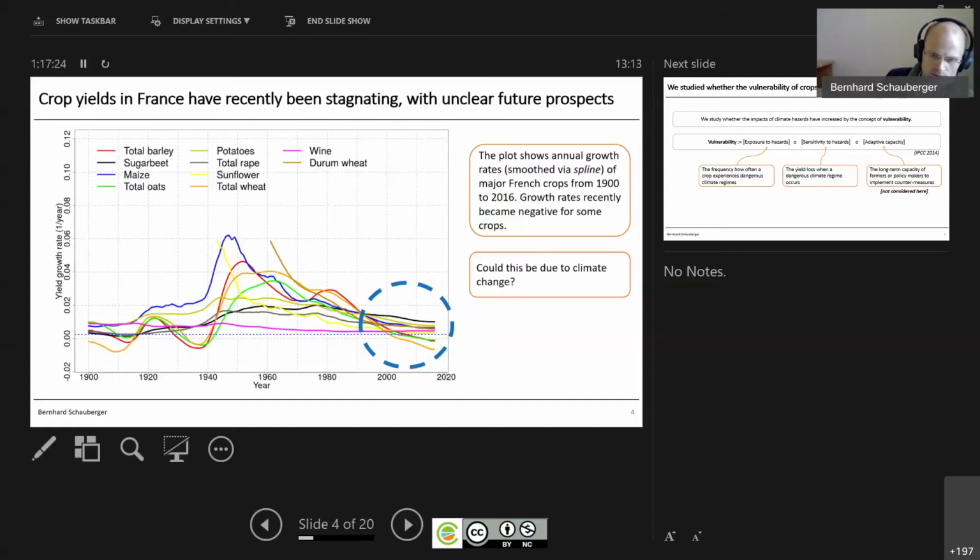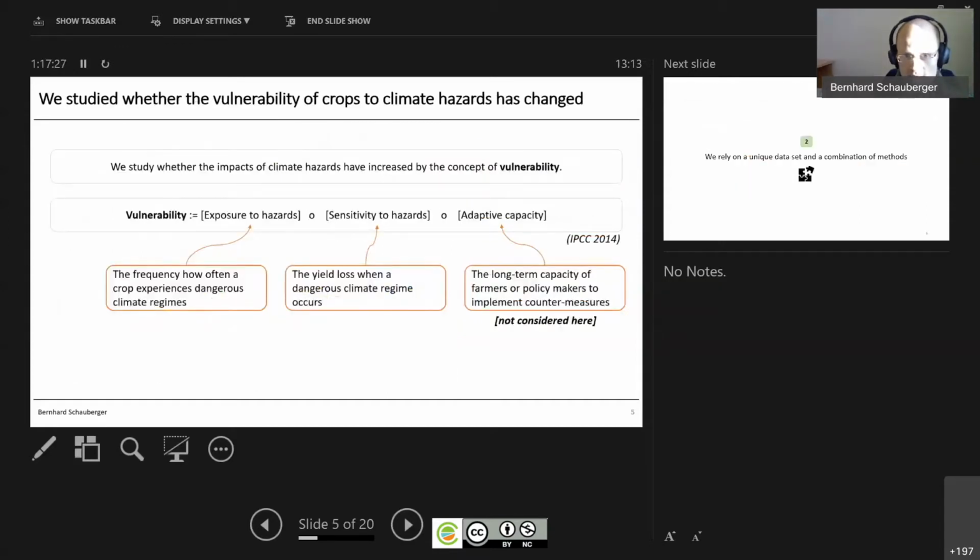And to answer this question, we used the concept of vulnerability, as it has been defined by the IPCC in the 5th assessment report. So it's a combination of exposure, sensitivity, and adaptive capacity. Exposure measures how often a crop experiences a dangerous climate regime, for example, very, very hot days in June.